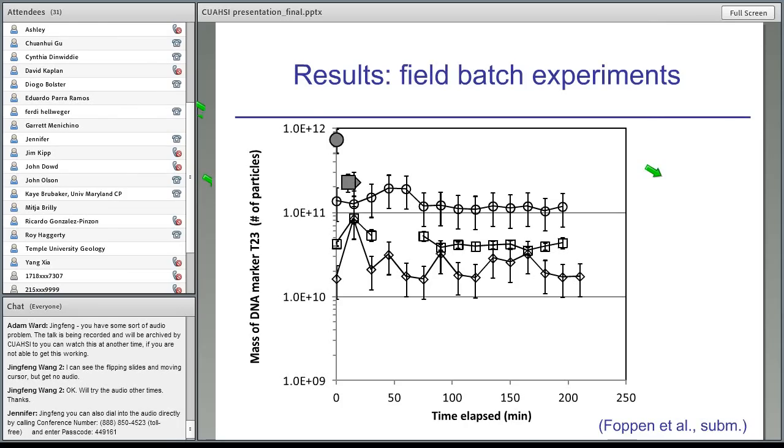The results of the field batch experiments. Here you have a graph of 3 batch experiments, and they were carried out in the field. Here and here and here are what was originally injected in the batch, which was a bottle of a certain plastic, a polypropylene copolymer plastic, which is special and doesn't absorb DNA.